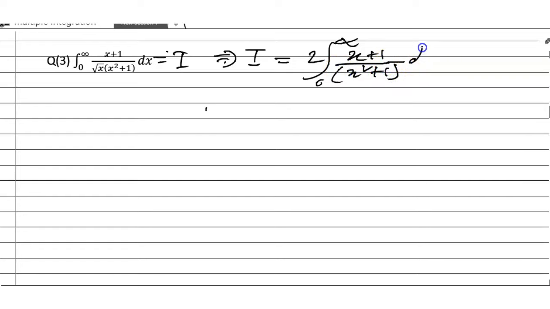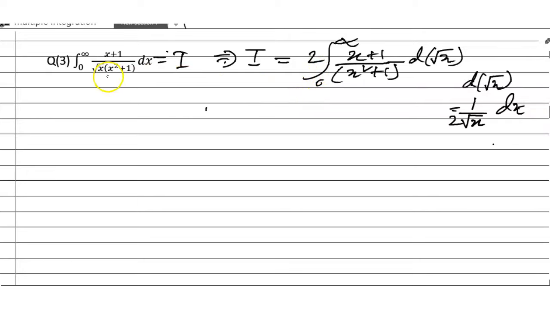Again friends, we solve a complex analysis problem. I can write this equals I, and that implies I equals 2 into the integral 0 to infinity, (x plus 1) divided by (x square plus 1), d root over x, as d root over x is equal to 1 by root over x, 2x dx.